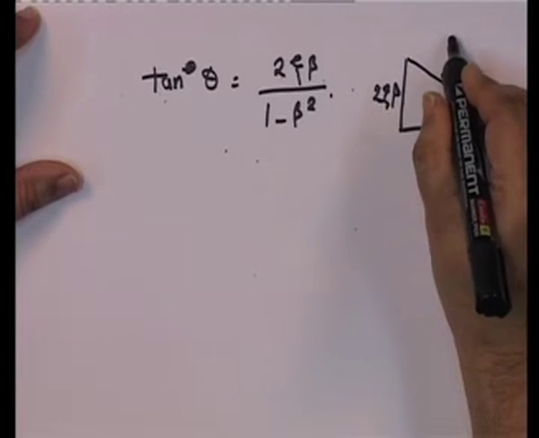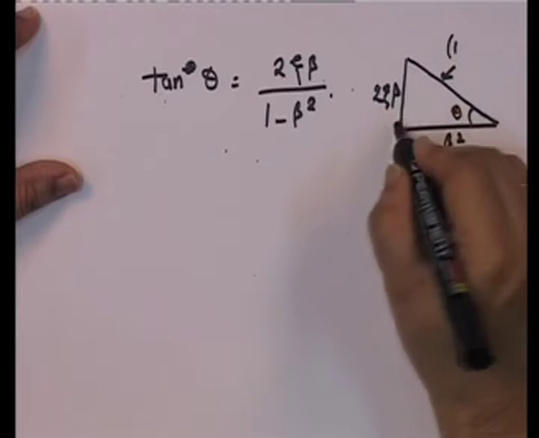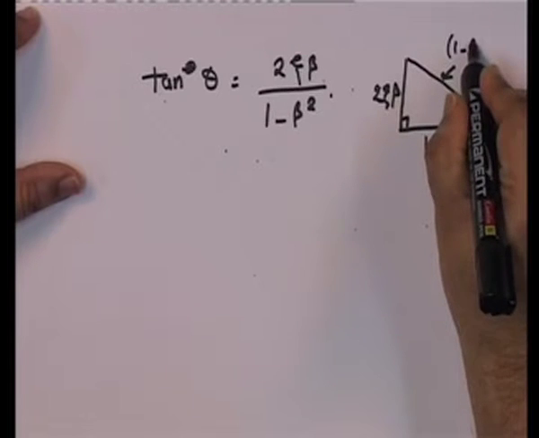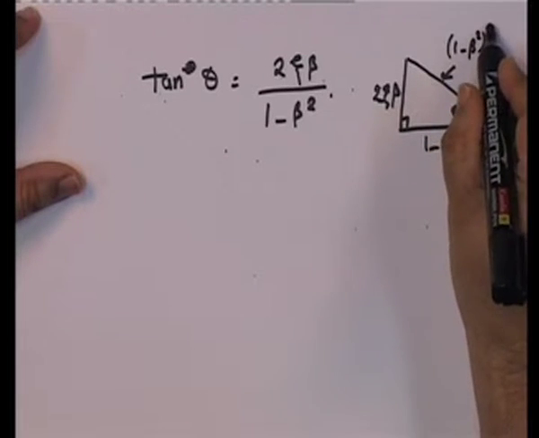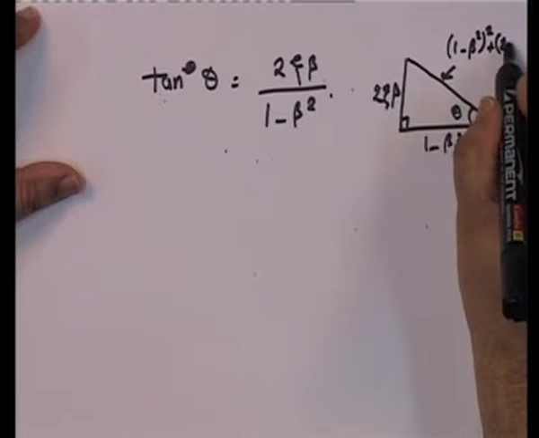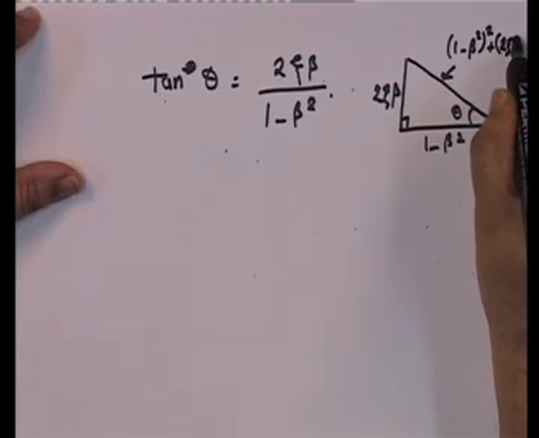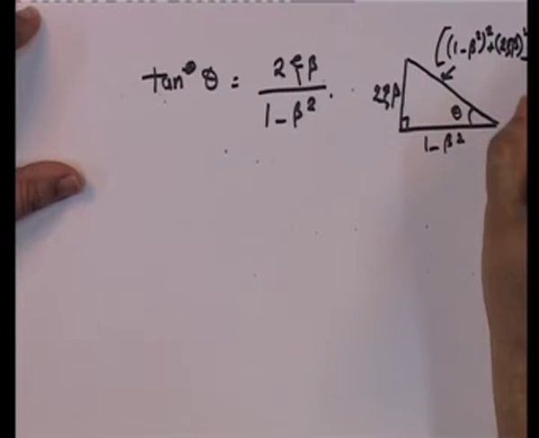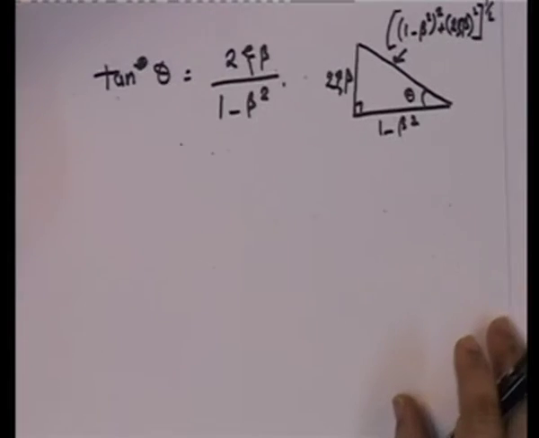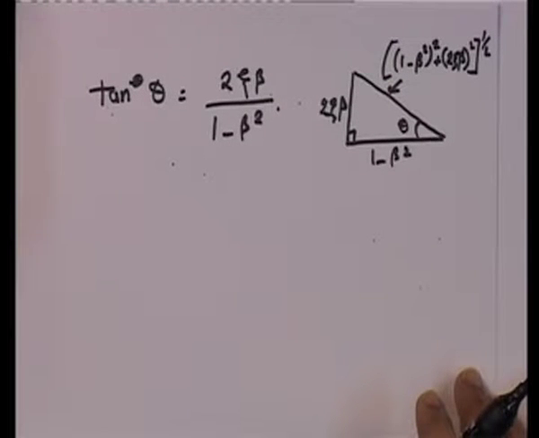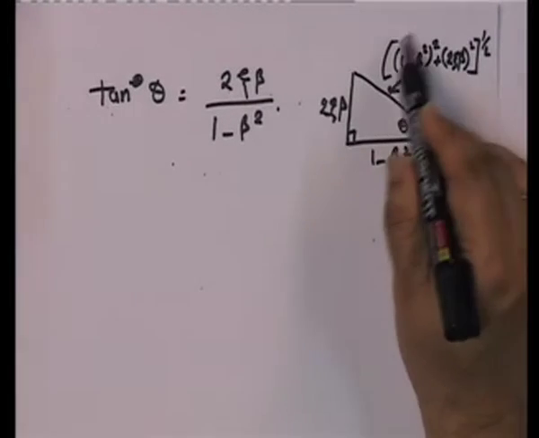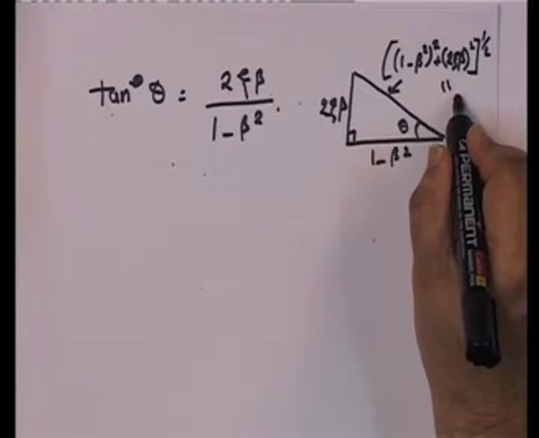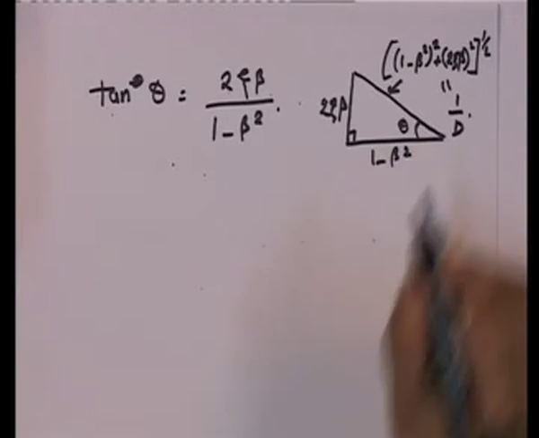So, obviously, this is equal to, by Pythagoras theorem, because this is 90 degrees, the square root of 1 minus beta squared plus 2 xi beta squared. This is the Pythagoras theorem, right? So, if we look at this, what is this term? This term is nothing but equal to 1 upon d.